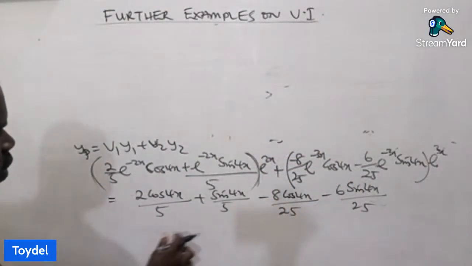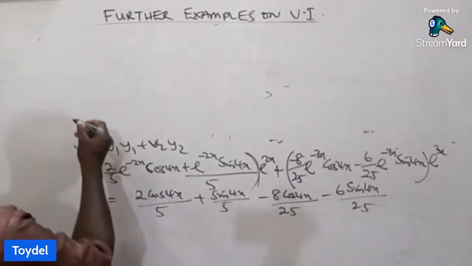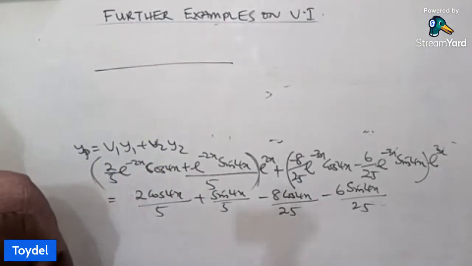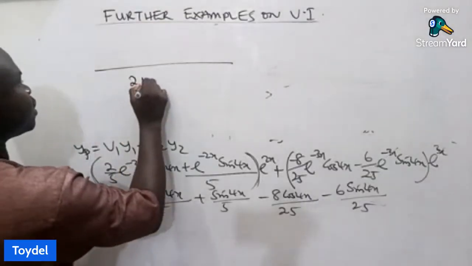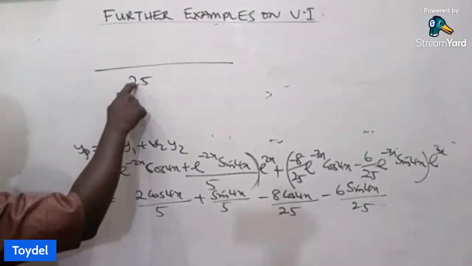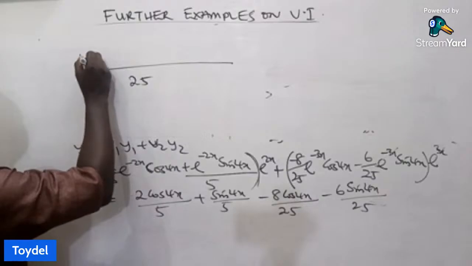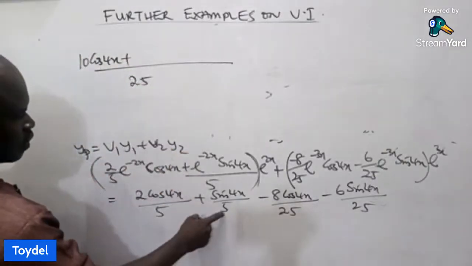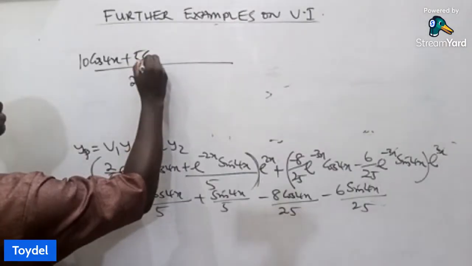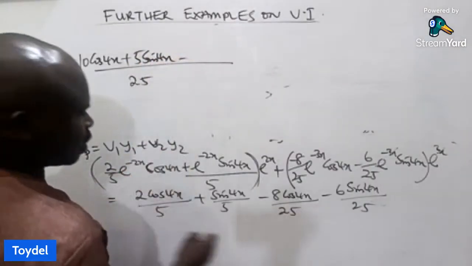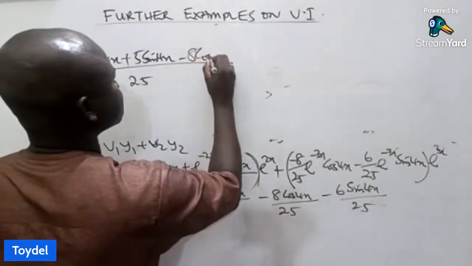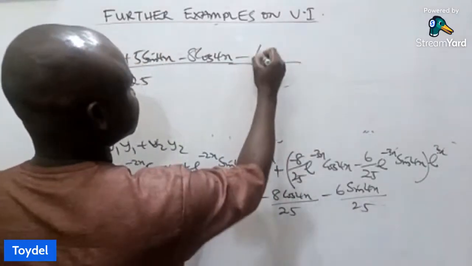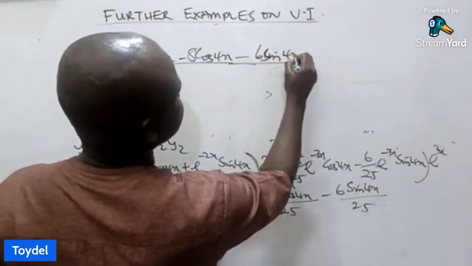Just like when we take the LCM, the LCM of everything will be 25. So 5 in 25 is 5, and 5 times 2 gives 10 cos 4x plus 5 sine 4x minus 8 cos 4x, then minus 6 sine 4x.